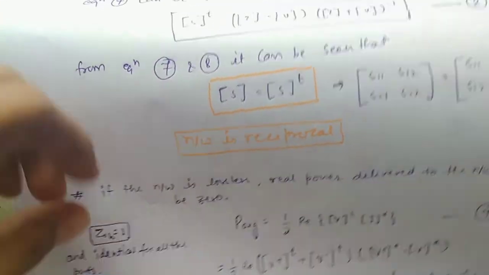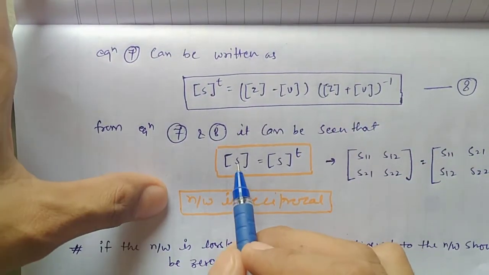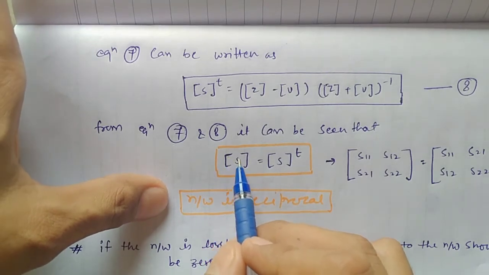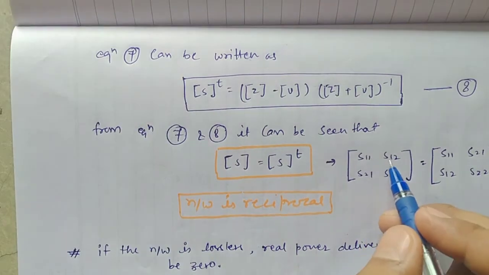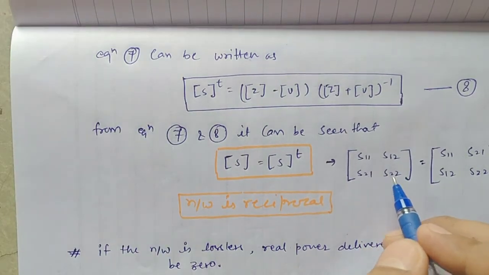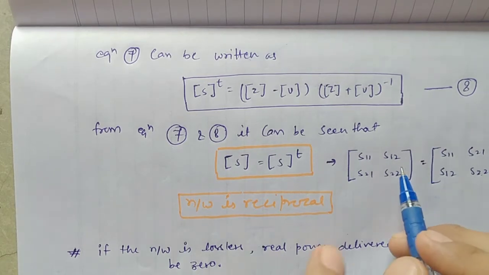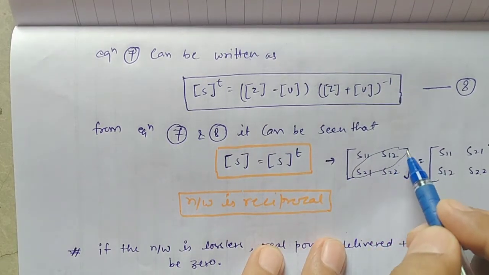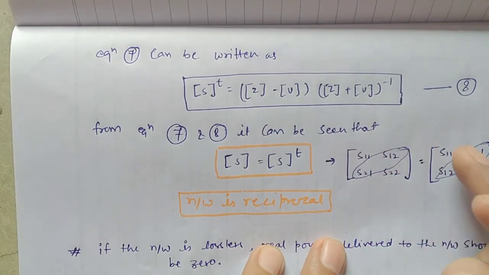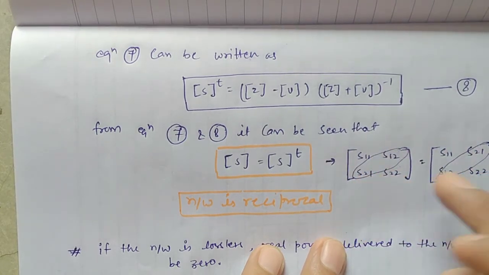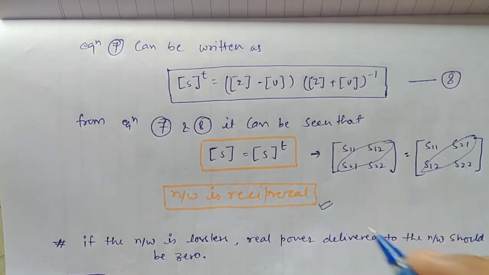The same thing we got after doing the transpose also. So we see that the condition is satisfied. Matrix S is equal to matrix S transpose. So S11, S12, S21, S22 is equal to S11, S21, S12, S22. By seeing these two, you can see I have changed this: the row is now a column, and the column is now a row. Still, if it is the same, then we can say my network is reciprocal.